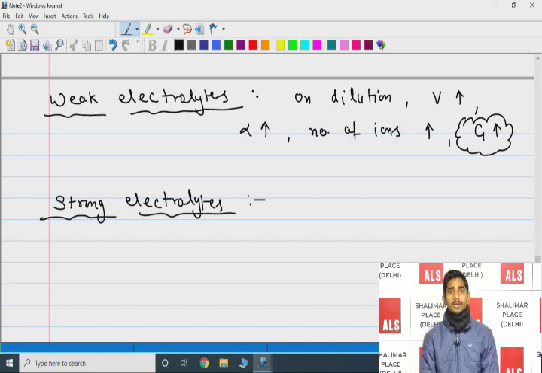Whenever you dilute them, the force of attraction which acted between them earlier is decreased now. After that decrease in the strong electrostatic force, their movement increases with increase in volume.